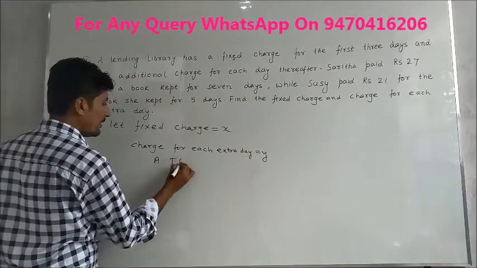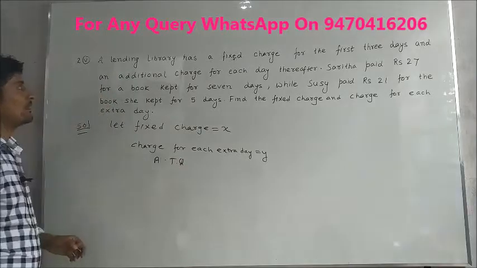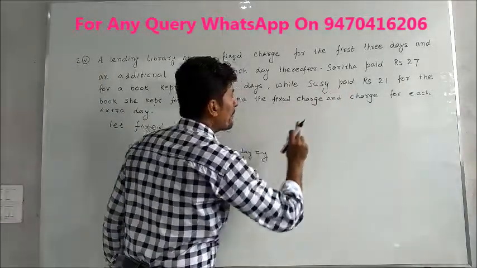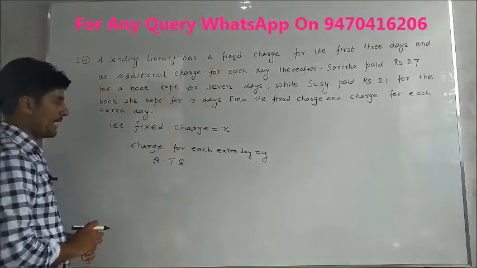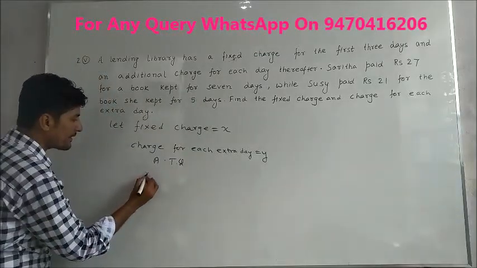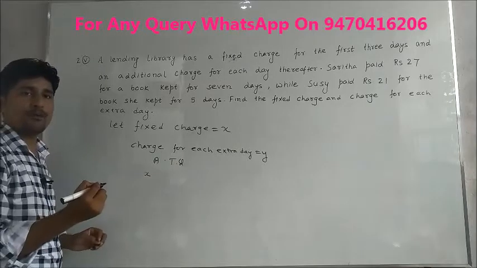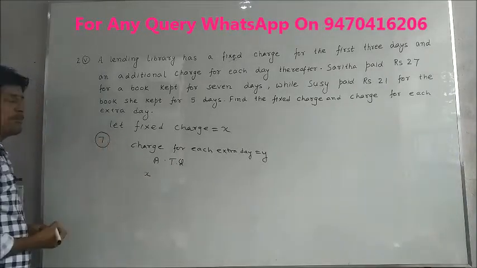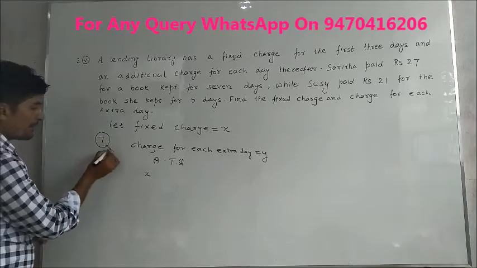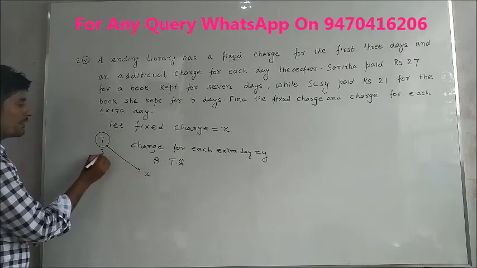Now according to the question, the next line: Sarita paid rupees 27 for a book kept for 7 days. As we know, rupees x is the charge for having a book for 3 days. But Sarita is keeping the book for 7 days. She has to pay rupees x for 3 days.